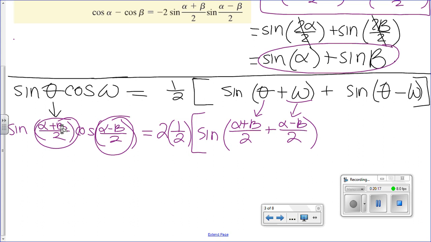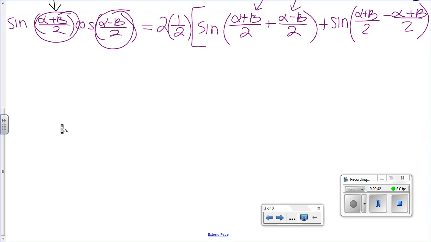And so here, same thing. So this will be alpha plus beta. And then here we have to be careful because we have a minus. So we're actually going to have minus alpha plus beta over 2. And you could see already everything has that same denominator.